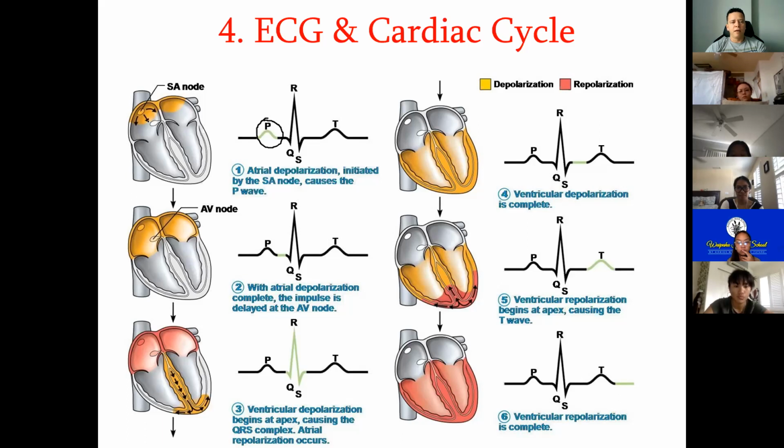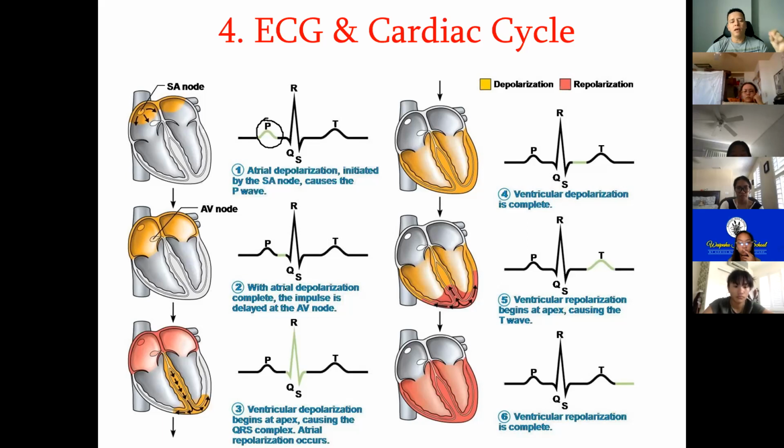So the P wave, again, is an atrial depolarization, which immediately is going to lead to atrial contraction. And then we're going to have atrial repolarization. However, as I mentioned before, because the atrial repolarization signal happens very close to the ventricular depolarization, we are not going to see it.